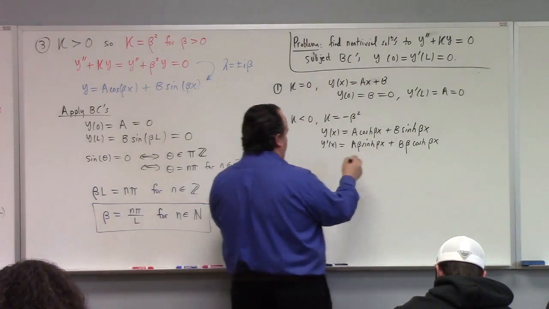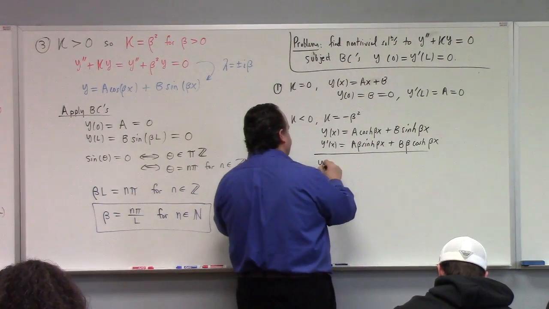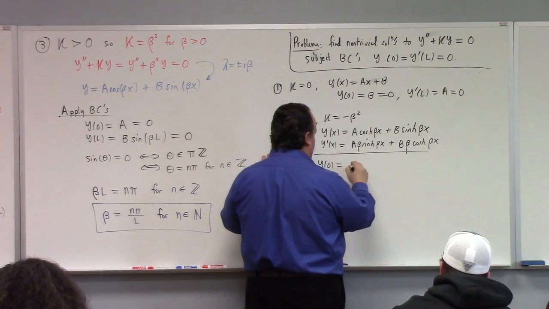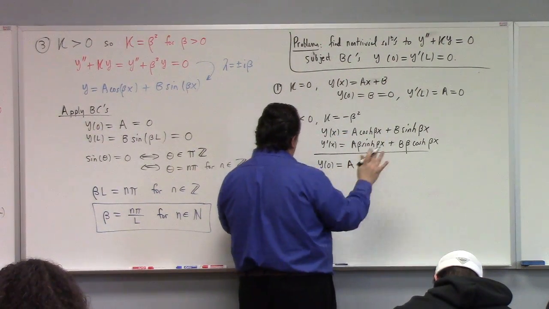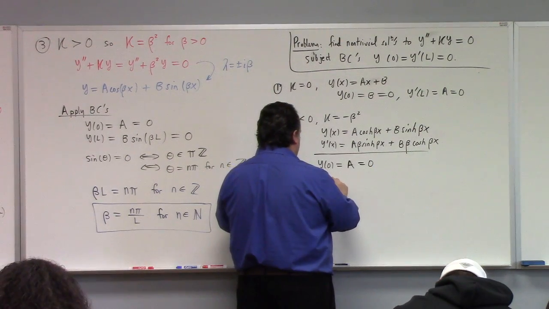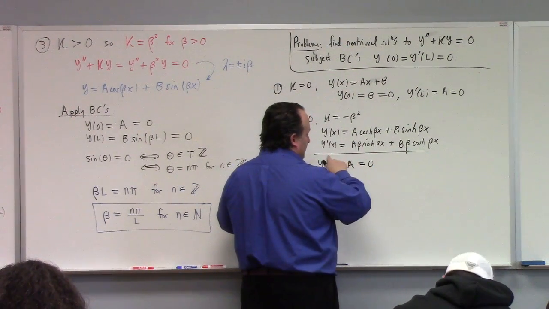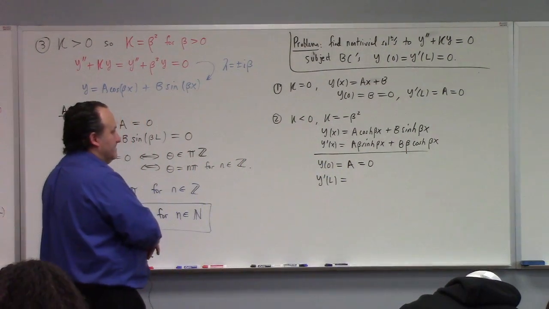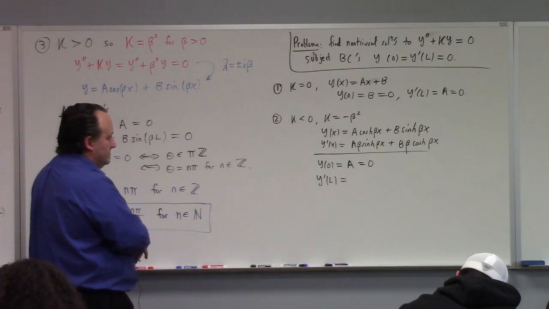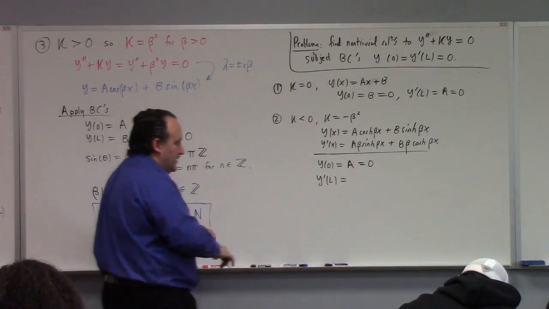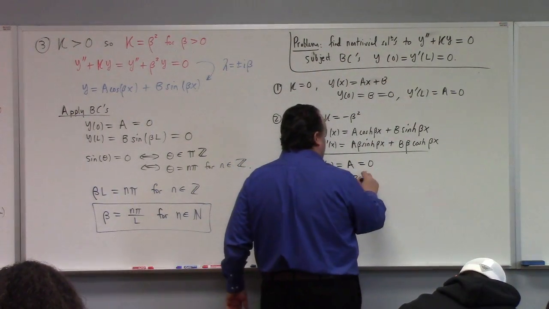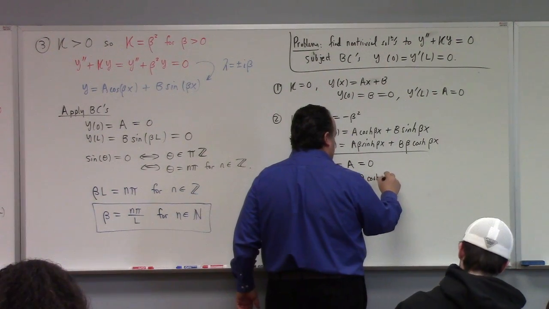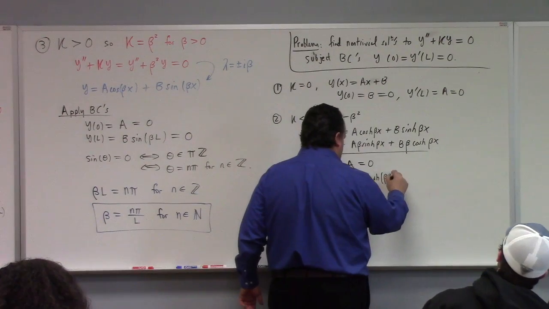Anyway, so, okay, great. y of 0 is a, which is 0. Okay, great, know that. y prime of L is what? b beta cosh of beta L, I think, yeah?